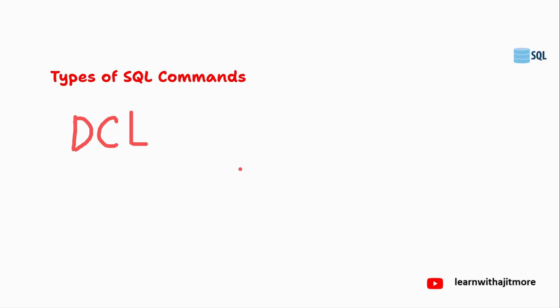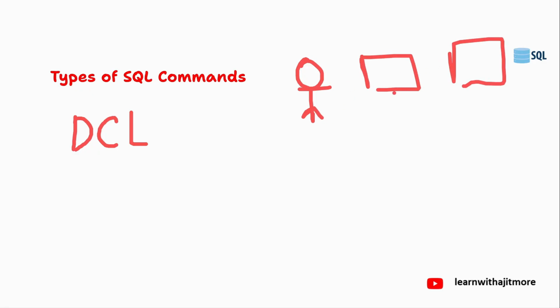So that is authentication. And authorization means you are giving permission to access your database to someone else. Means you are the main user, so you have created some tables. Get it? Okay.